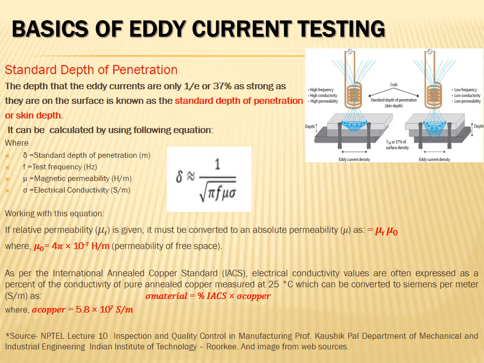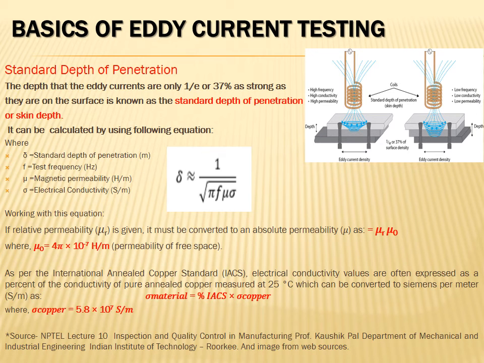As per the International Annealed Copper Standard, IACS, electrical conductivity values are often expressed as a percentage of the conductivity of pure annealed copper measured at 25 degrees centigrade, which can be converted into Siemens per meter.